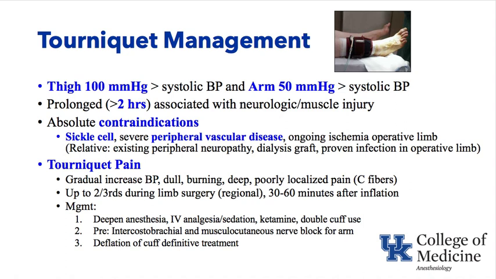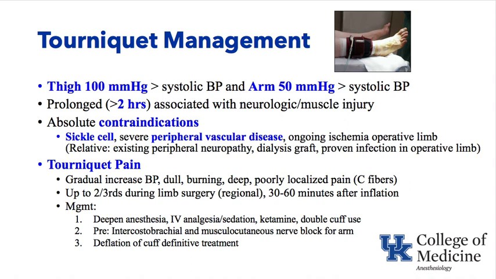Sickle cell is one of those, because if you inflate a tourniquet and the red blood cells in that extremity don't have oxygen around them, they can sickle, and so you can cause a sickle cell crisis. If someone has severe peripheral vascular disease, they barely have enough blood going in that extremity, and you blow up the cuff, you can cause problems with perfusion of that extremity, and ischemia and permanent injury.